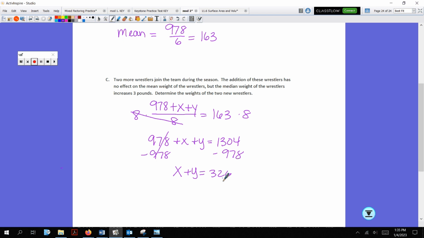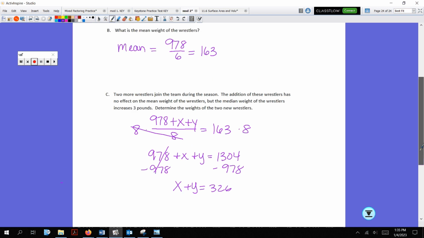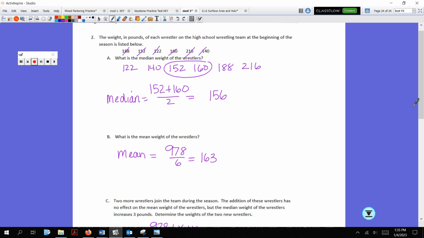Then it says that the median increased by 3. If the median increased by 3, I need to come over here a little more. I guessed and checked. That's how I figured it out. I know I need to add a wrestler in here, and a wrestler in here, because I know the sum of their weights is 326.